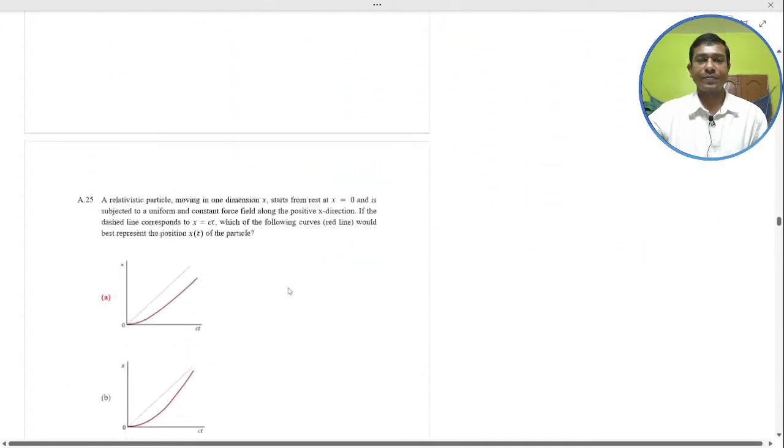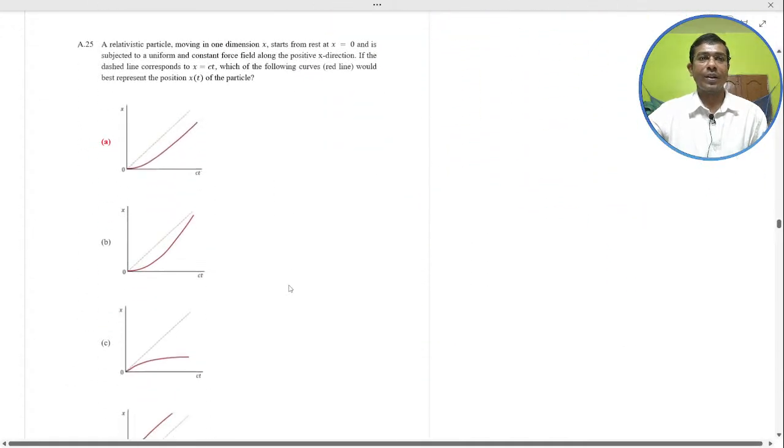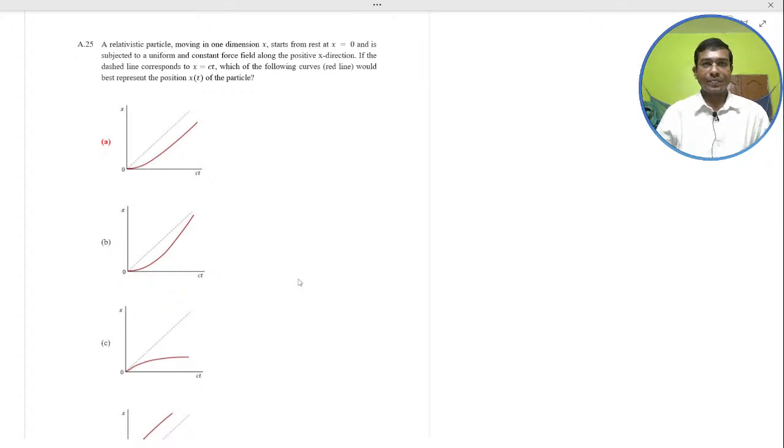Wait. A relativistic particle moving in one dimension x starts from rest at x equal to 0 and is subjected to a uniform and constant force field along the positive x direction. If the dashed line corresponds to x equal to ct, which one of the following curves, red line, would best represent the position of the particle?